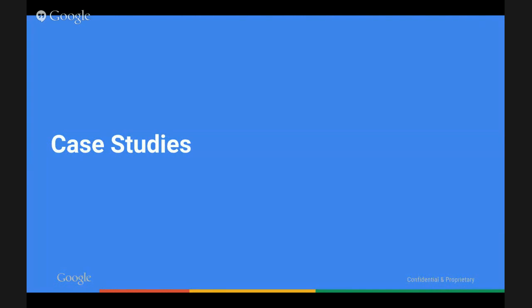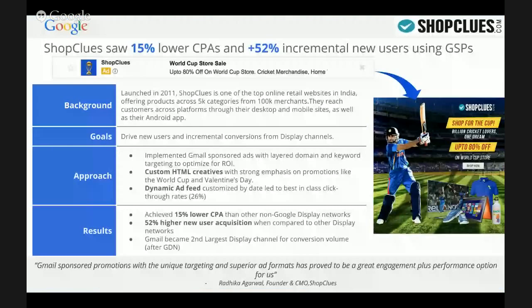And when it comes to case studies, we selected 2 of them. The first one is an advertiser from India that is focusing on online retail. Basically, what they did is they had a customizable HTML creative, which helped them achieve impressive results. They were focusing on 2 special occasions, using things that were happening in the world, such as the World Cup, as well as Valentine's Day.